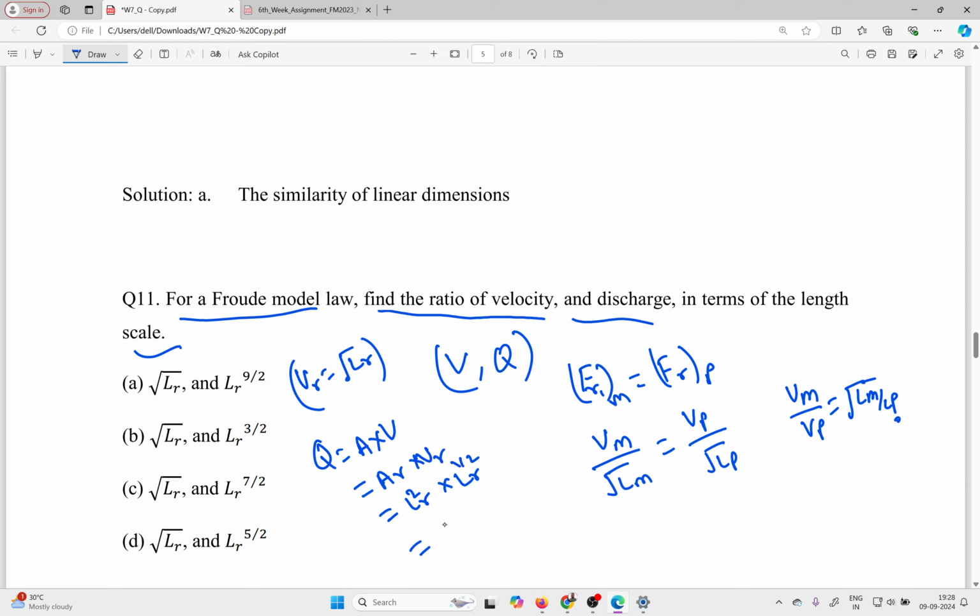So when you calculate, you will get Lr to the 5 by 2. So your discharge is related to Lr 5 by 2, or you can write Lr 2.5. So option D will be correct for this.